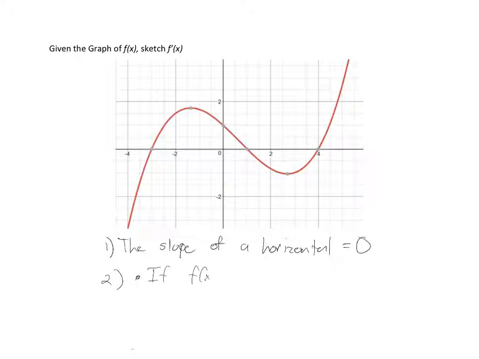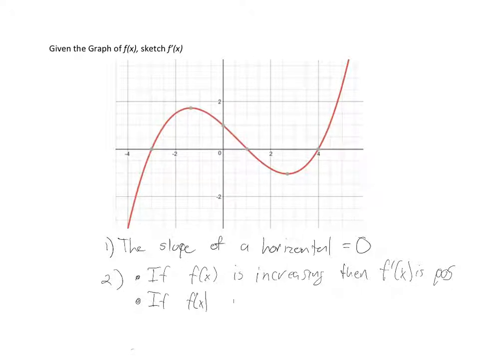If f of x is increasing, then f prime of x is positive. That's something we discussed previously. We also said, okay, if f of x is decreasing, then f prime of x is negative.